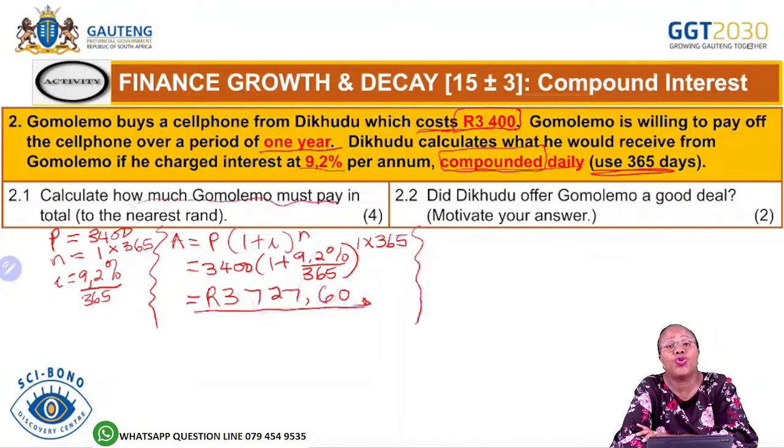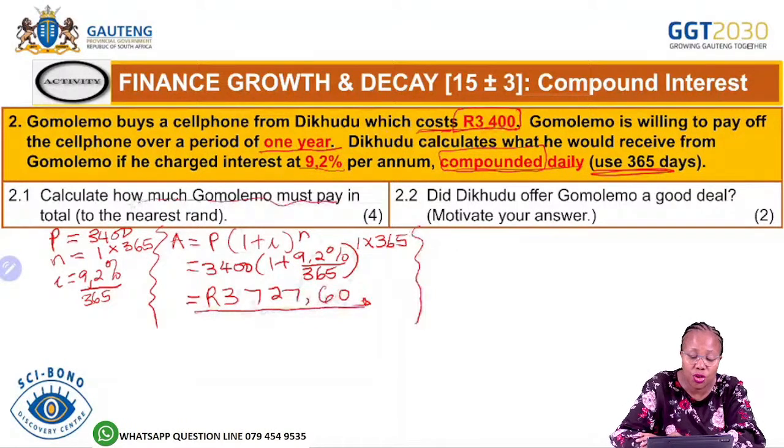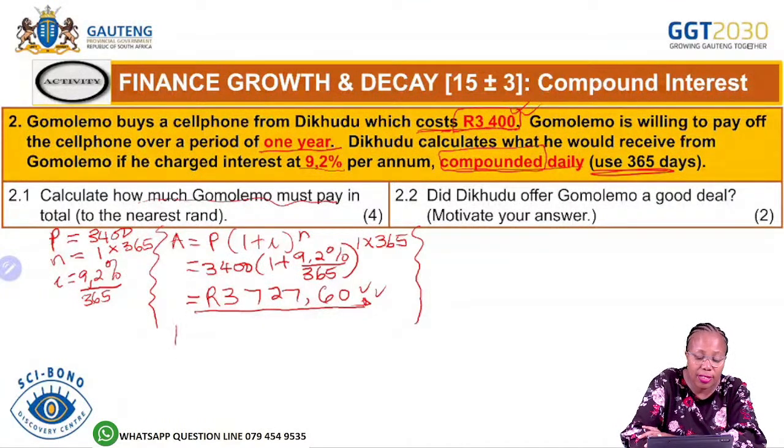And then question 2.2 states that did the Kudu offer Khomolemo a good deal, grade 12? It depends on you whether it's a good deal or not, because you need to compare this amount with the initial one. As you can see that the difference between the two now, it will be 3,727.60 minus the 3,400.